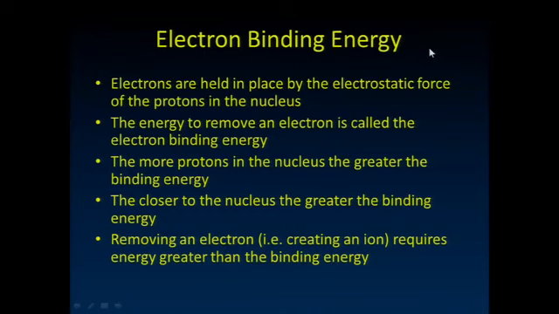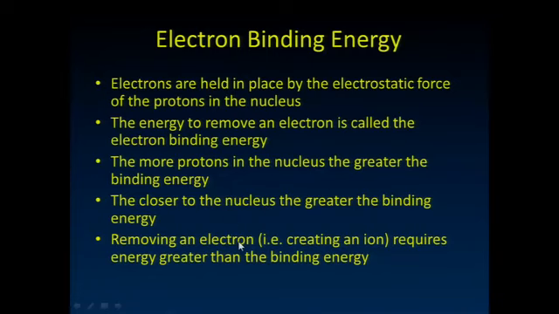And so the K shell electrons are more tightly bound than the L shell electrons. And then the more positively charged the nucleus is, those negatively charged electrons are going to be more bound to it.